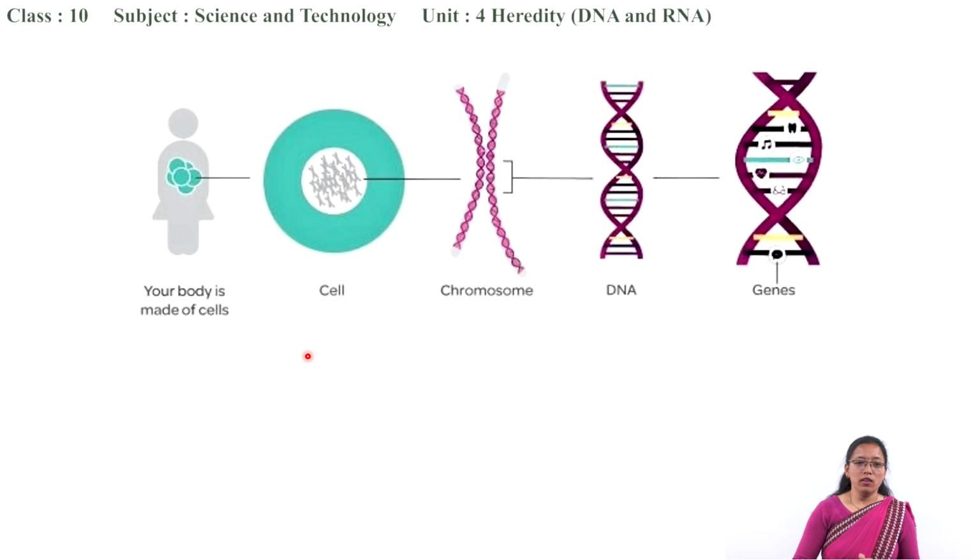Dear students, look at this picture. This is your body, which is made up of cells, and inside the cell there is a nucleus. Inside the nucleus there are chromosomes. These chromosomes are made up of DNA. In that DNA there are so many genes. The gene is the smallest piece of DNA which determines a single character.